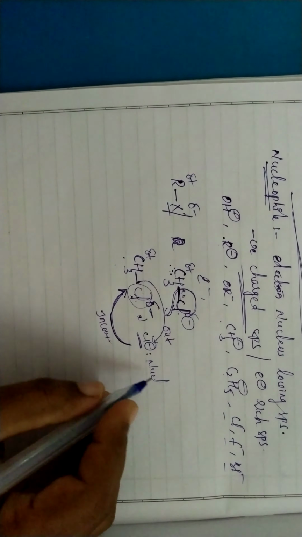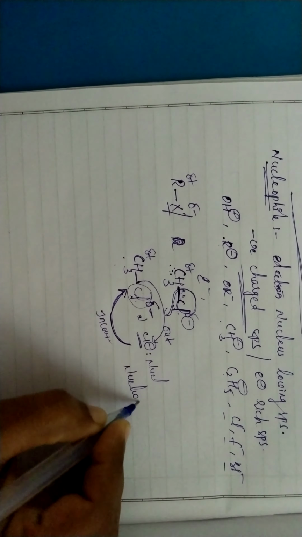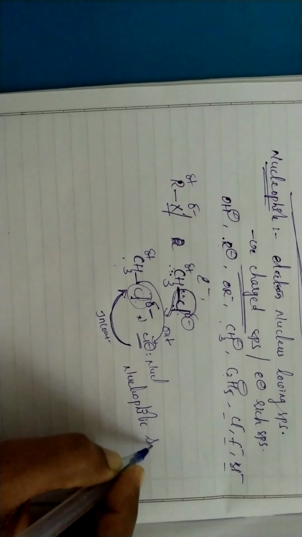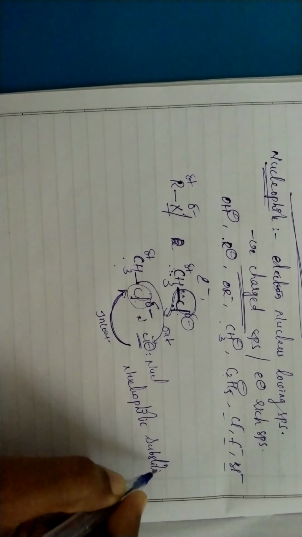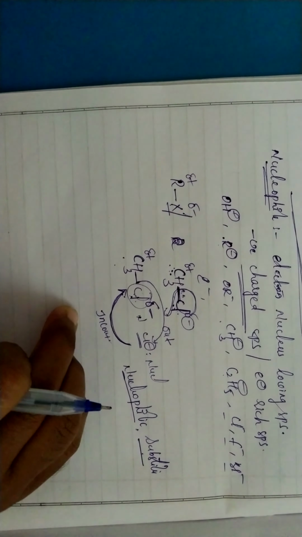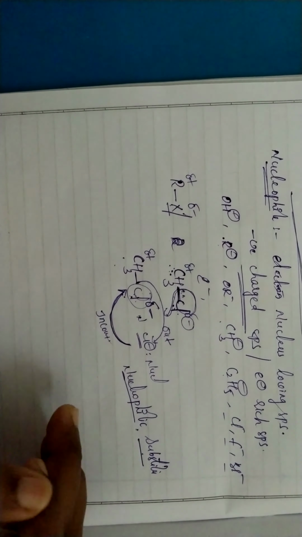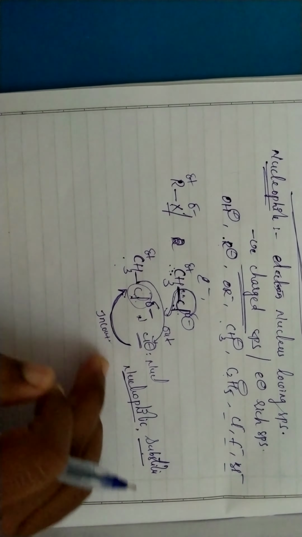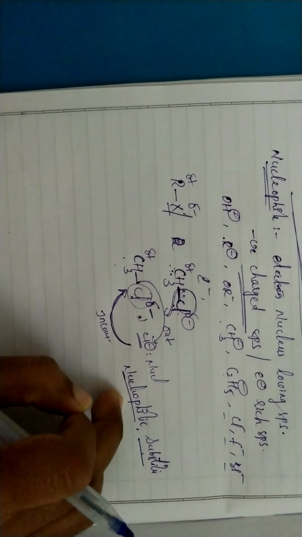That's why this type of reaction is called a nucleophilic substitution reaction. Substitution is taking place, meaning in the place of one atom or group, another group will come and attack. Which type of substitution?